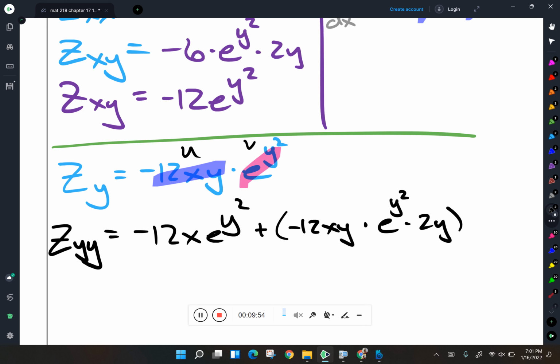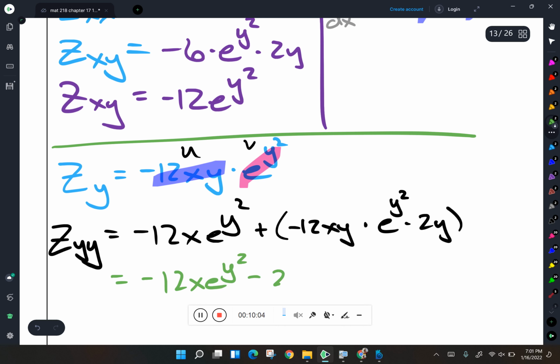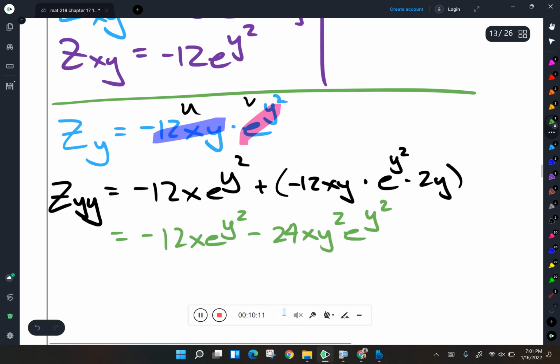Okay, and now I'll clean that up. So I've got negative 12x e to the y squared minus 24xy squared e to the y squared. And there's my z sub yy.